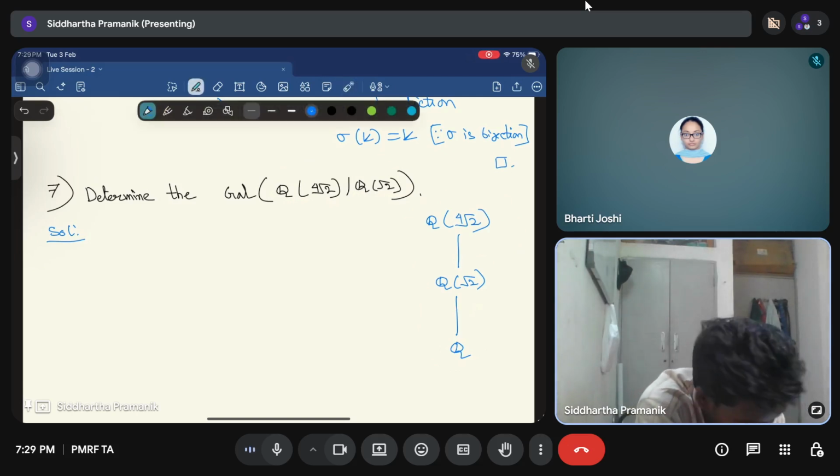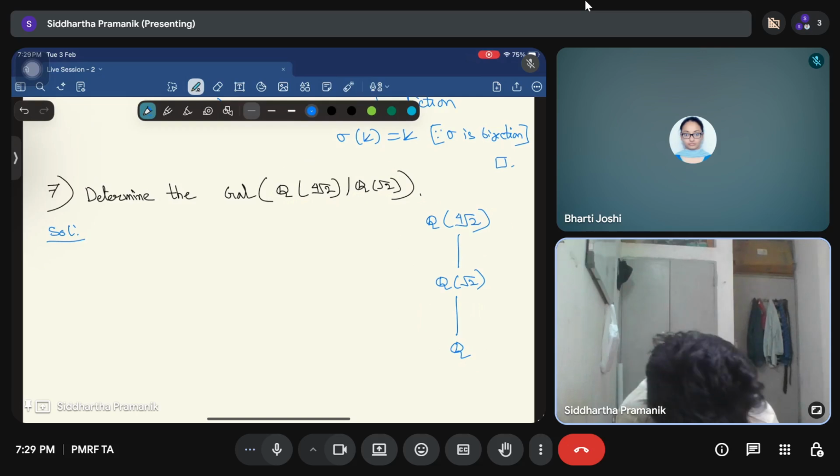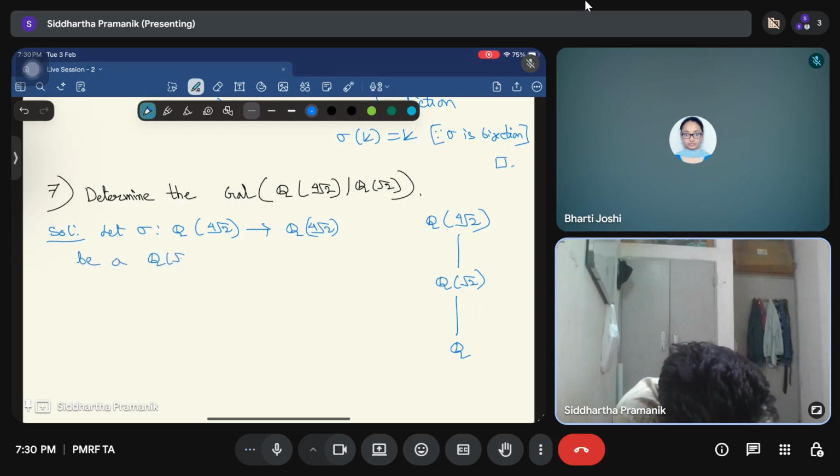So the first thing is, let sigma from Q adjoin fourth root of 2 to Q adjoin fourth root of 2 be a Q root 2 automorphism.